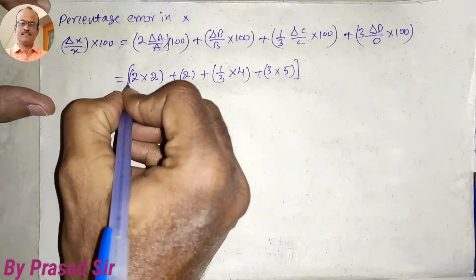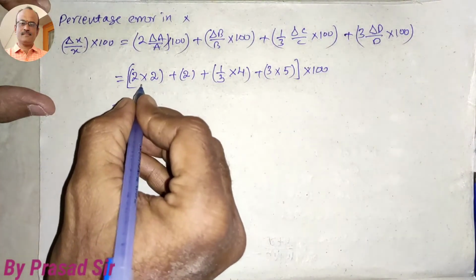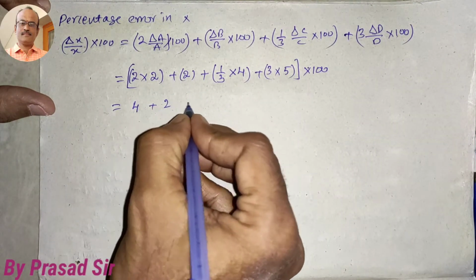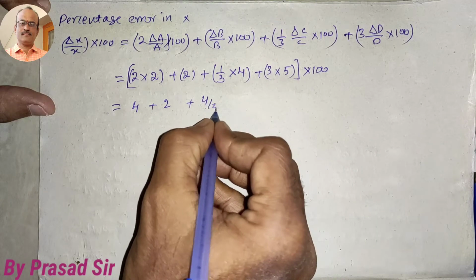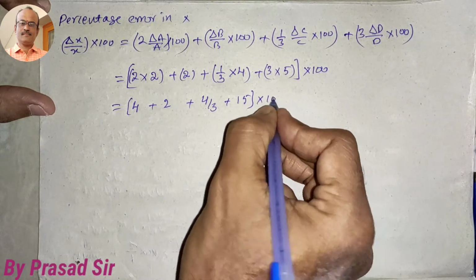All of this comes under percentage, that means × 100. So I will take 2 into 2, 4, and 2 plus 4/3 plus 15, × 100.